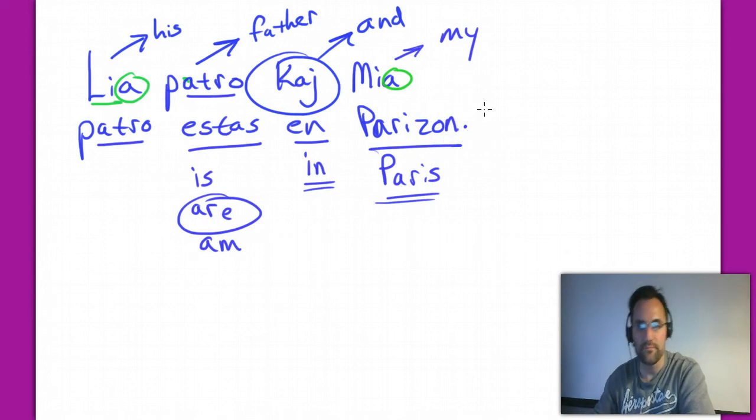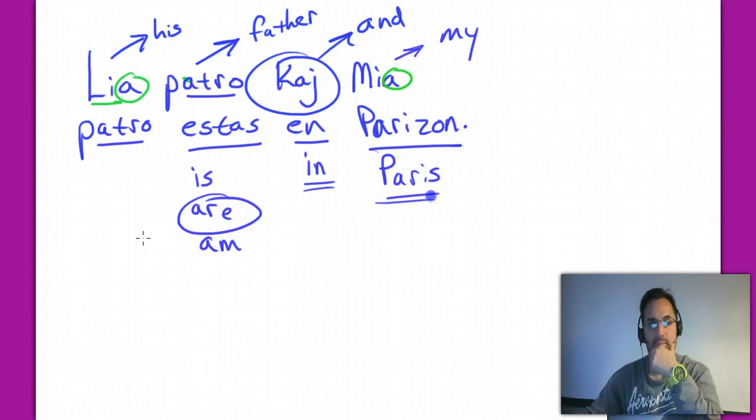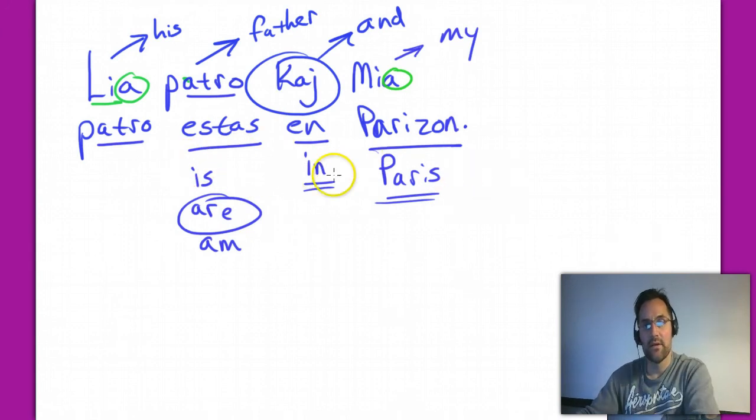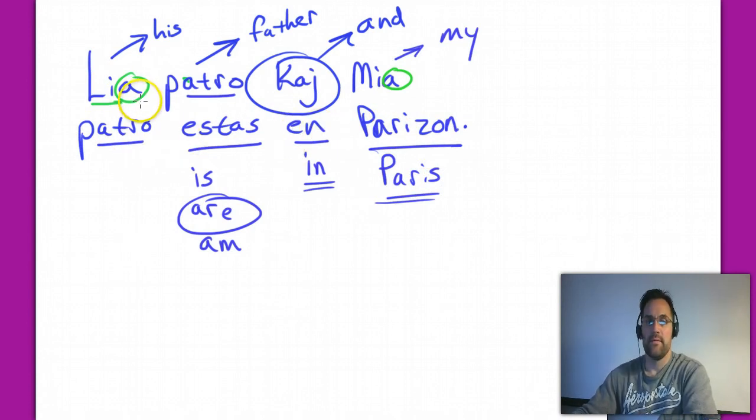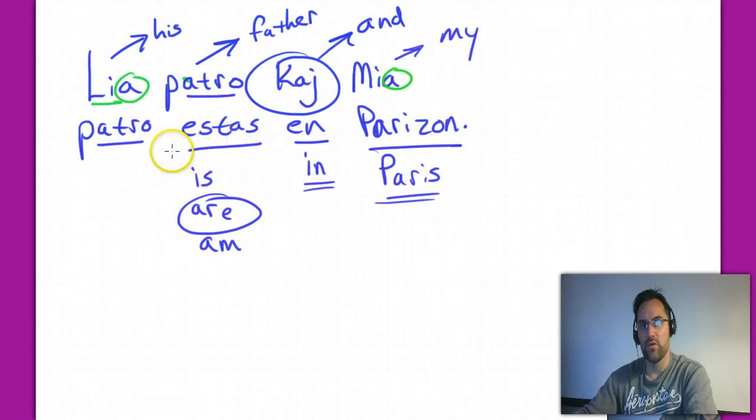Well, let's look at it. With estas, we don't need the accusative because of the way that estas interacts between the adjective, the verb, if you can call it transitive, and the noun.